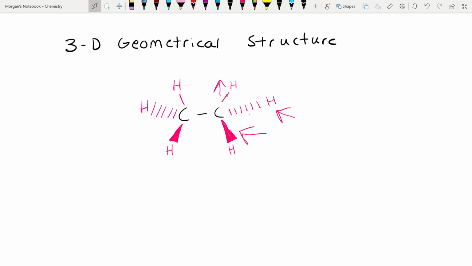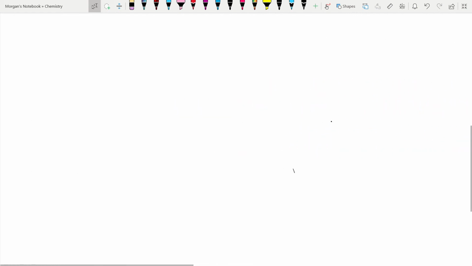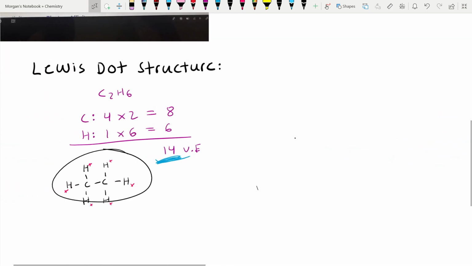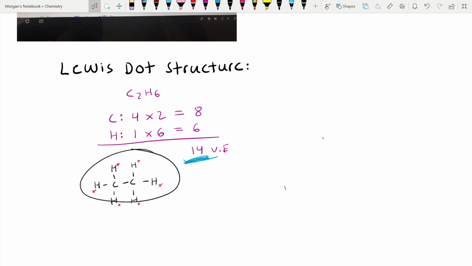Now, we get to something called resonance. And resonance is kind of like the theoretical, what if there was a double bond on one side, but it could have been placed on this side, and it really doesn't do much of a difference whether you place it on one side or the other, but we know that it could be on either, so neither is true.